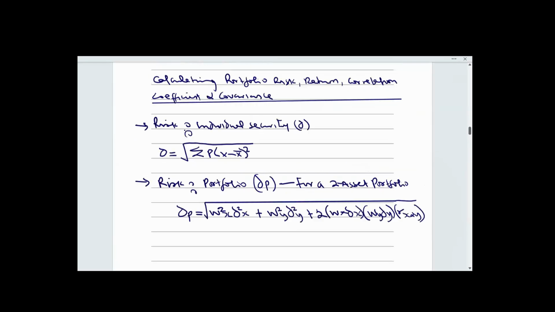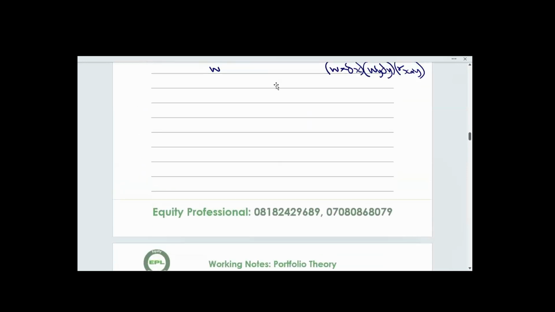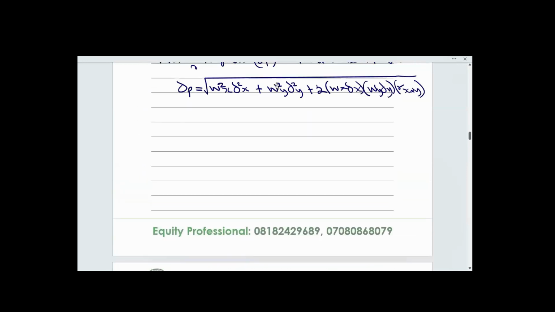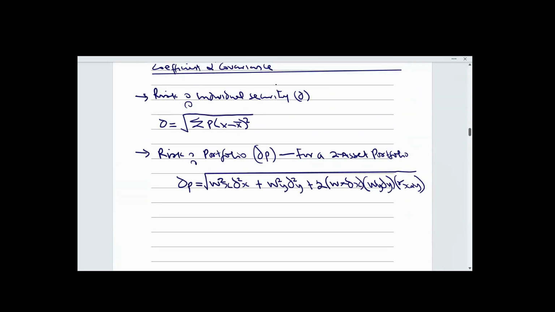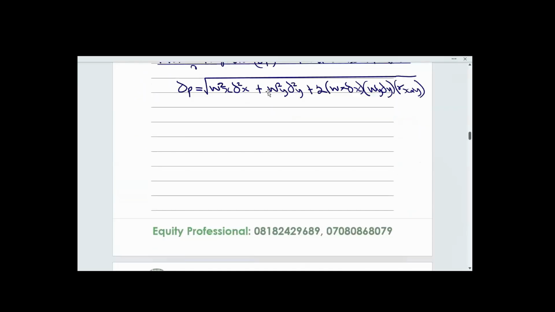Now, let me show you the formula for calculating portfolio return. So let's talk about portfolio return and return of an individual security.